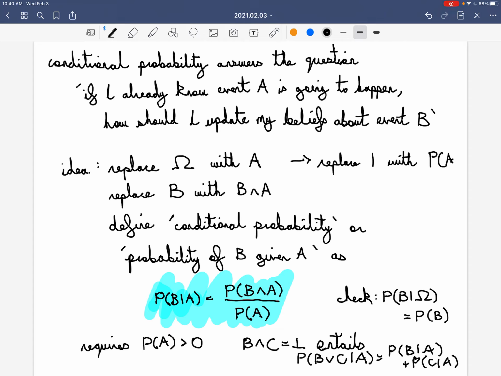But more generally, you can remember that conditional probability works exactly like a normal probability, where you've made certain conceptual substitutions.